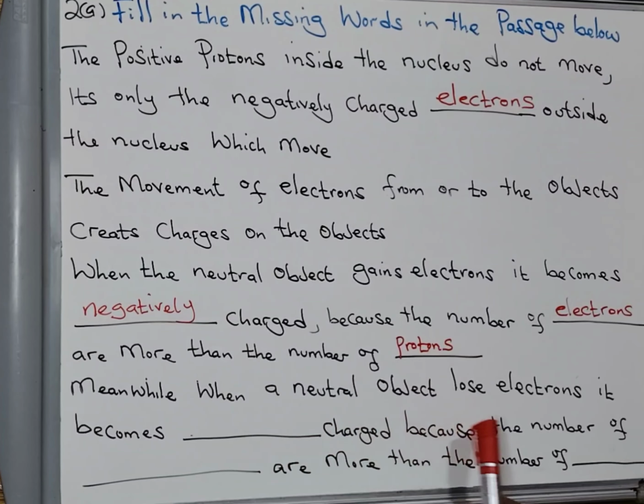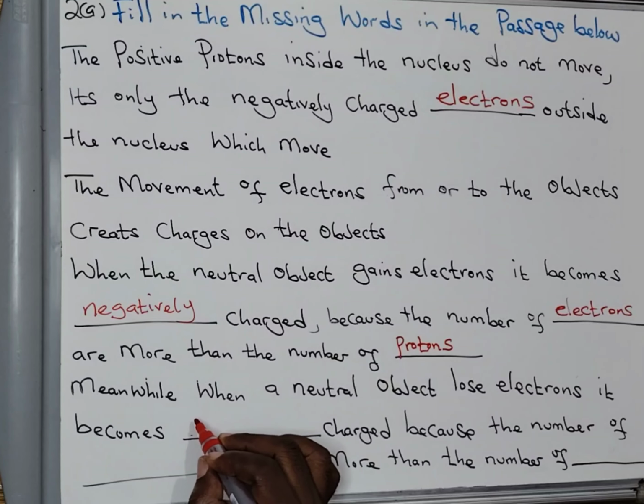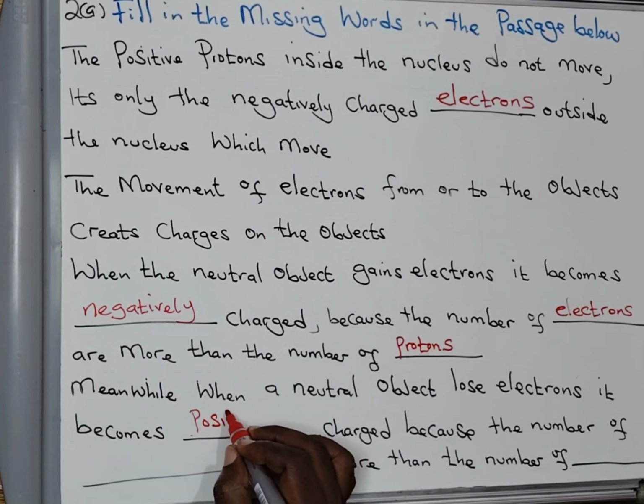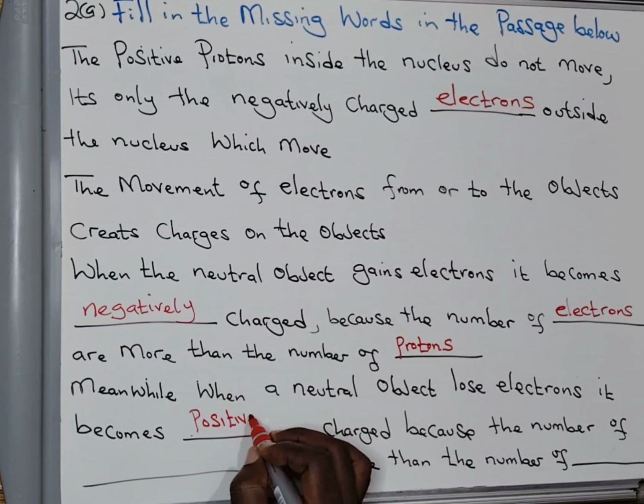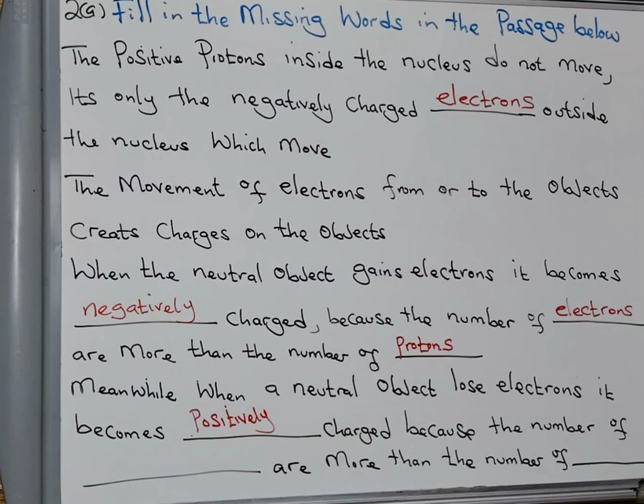Meanwhile, when a neutral object loses electrons, when you have an object which is neutral and it loses electrons, it becomes what? It becomes positively charged. Because, why?